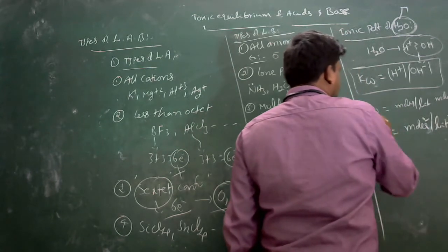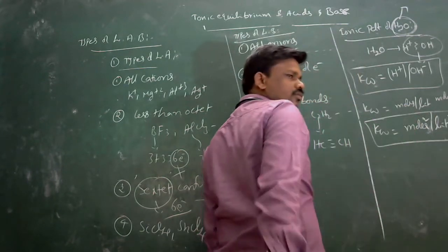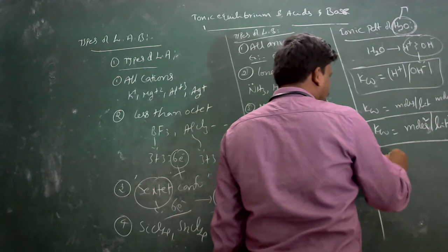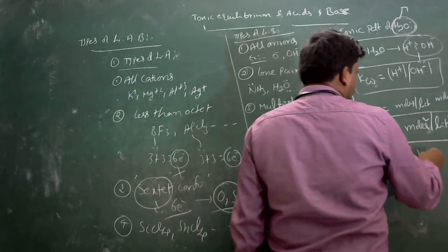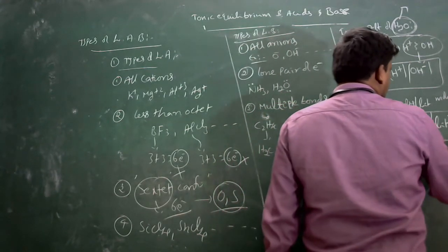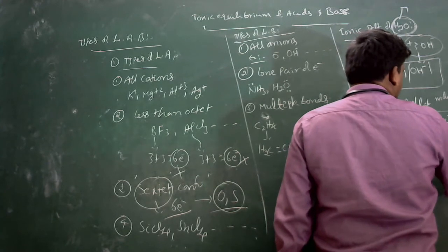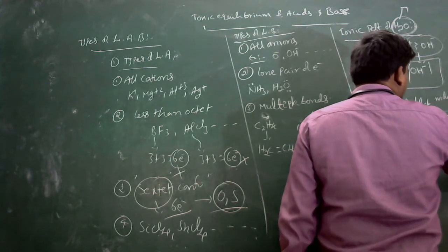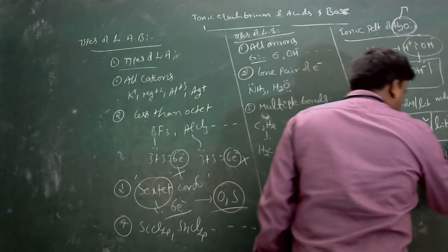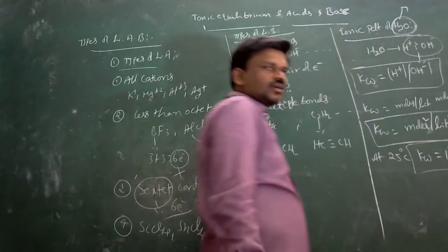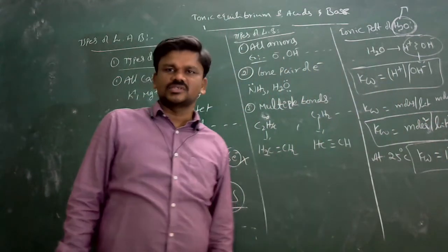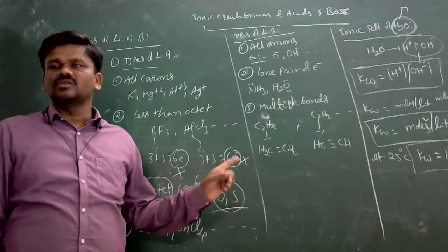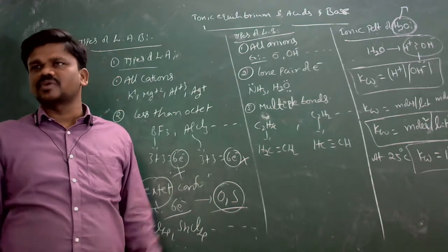This is Kw. At 25 degrees centigrade, the Kw value is equal to 10 to the power of minus 14 mole square per liter square. Very important value for the ionic product of water at 25 degrees centigrade.